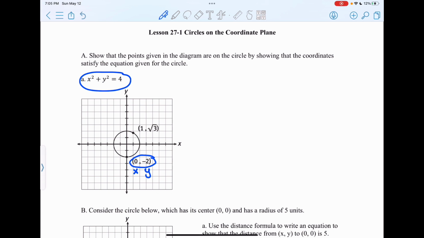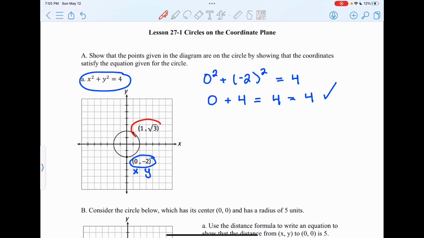So instead of x squared, I'm going to say 0 squared plus y, which is -2 squared, and we're going to see if this equals 4. Well, 0 squared is 0, -2 times -2 is +4, and 0 plus 4 does equal 4. And so that point is on the circle because it satisfies the equation.